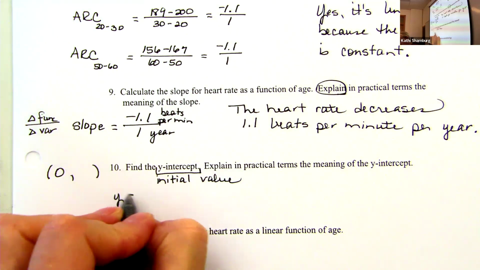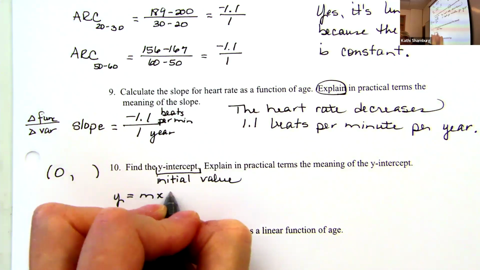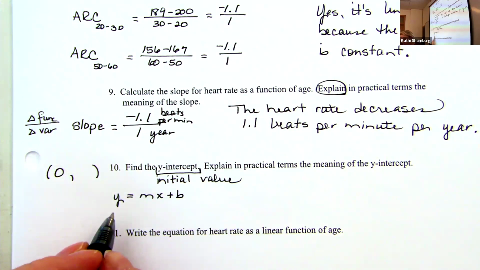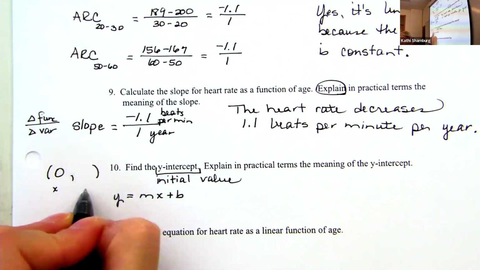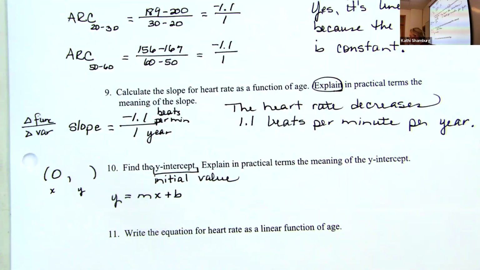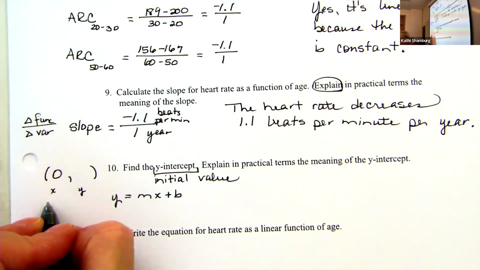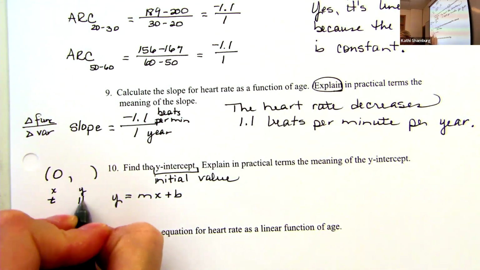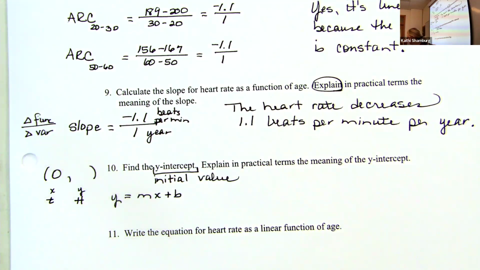So y equals mx plus b. So this is your x, this is your y, which of course we can change those letters to be t and h. All right, what am I gonna have to use? I've got the slope, don't I?